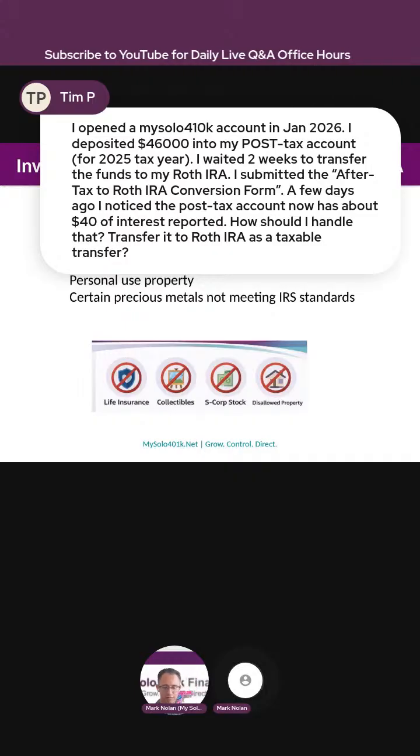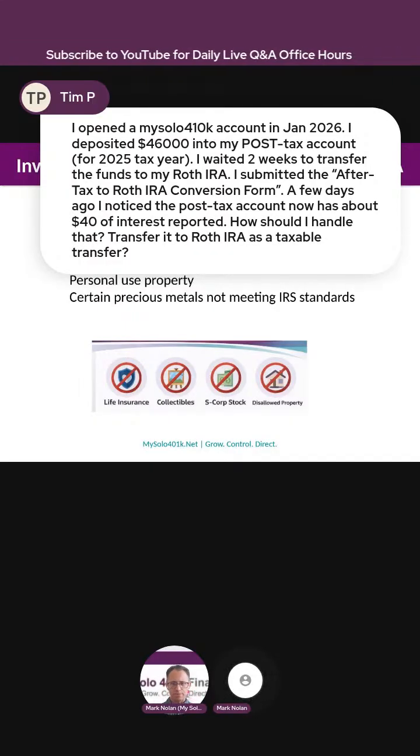So you need to clarify that point there. I waited 2 weeks to transfer funds to my Roth IRA. I submitted the after-tax to Roth conversion form. Okay, so that further clarifies that you made a voluntary after-tax solo 401k contribution, and you then converted it to the Roth IRA. A few days ago, I noticed the post-tax account now has about $40 of interest reported. How should I handle that? Transfer it to a Roth IRA as a taxable transfer?